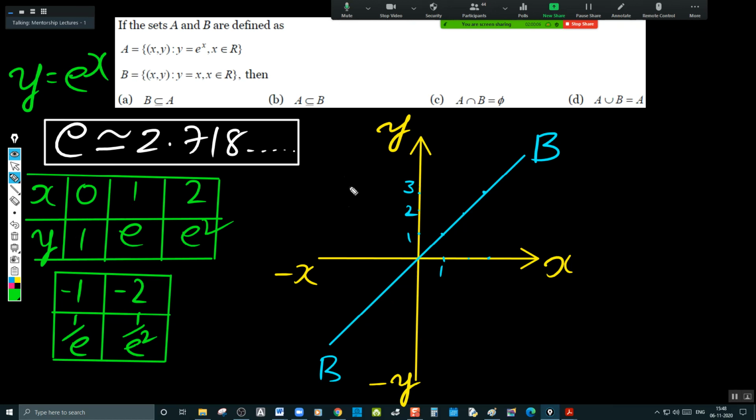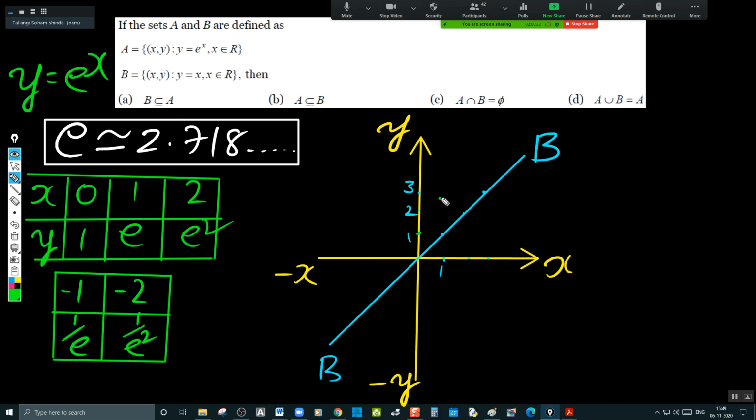Now, anyone please, what is the value of y if x is 0? I'm talking about A here. Come on, tell me the point to be marked there. For 0, it is 1. Correct. For 1, it is how much? 2.71. Somewhere here.